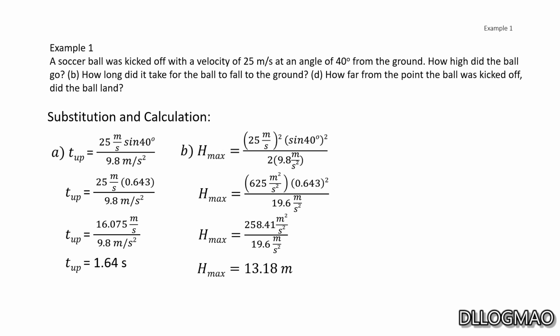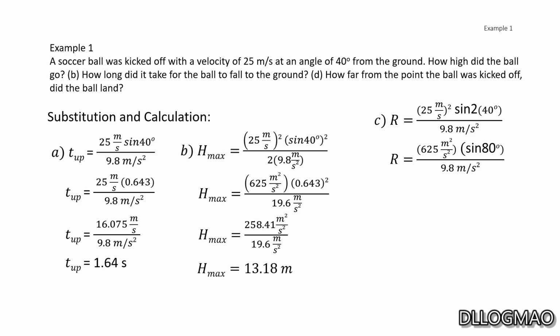The range: substitute the initial velocity, angle of launch, and the acceleration due to gravity to the formula stated earlier. Square of 25 meters per second is 625 meters square per second square. Multiply first the angle of launch by 2 before finding the value. Sine 80 degrees is equal to 0.985 multiplied by 625 meters square per second square.